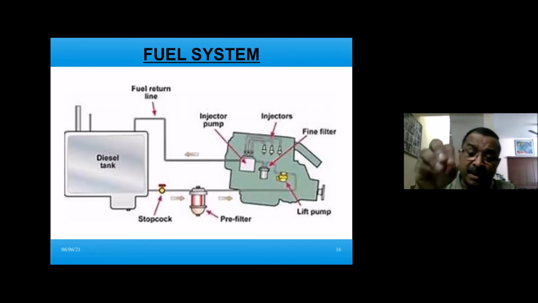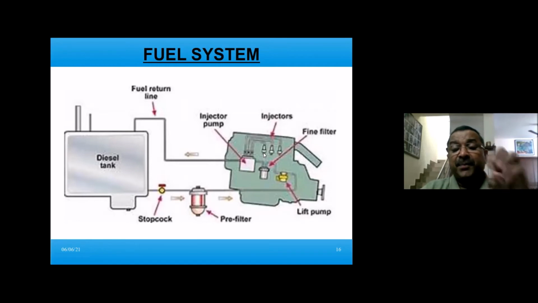That is why we are injecting fuel through these fuel injectors, in very fine particles. The fuel injector will atomize the fuel which is being pumped through it.